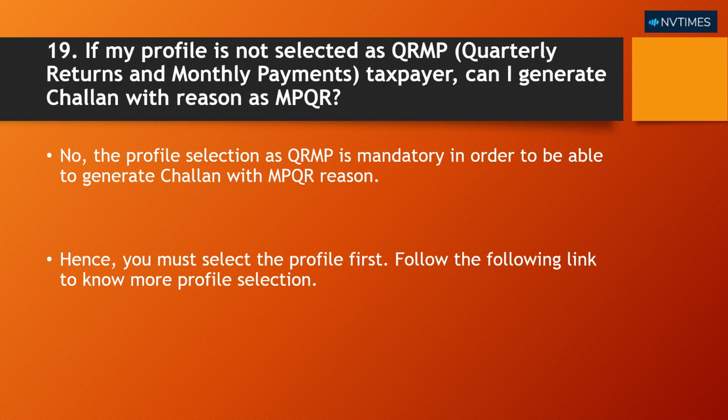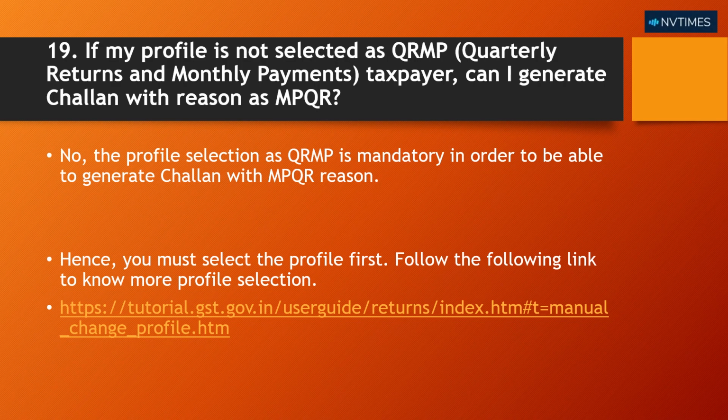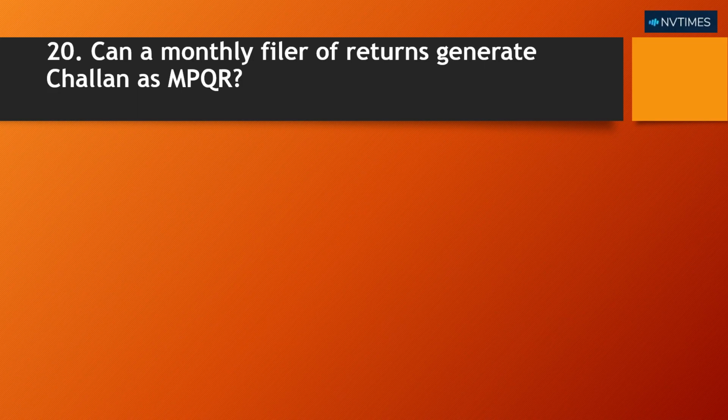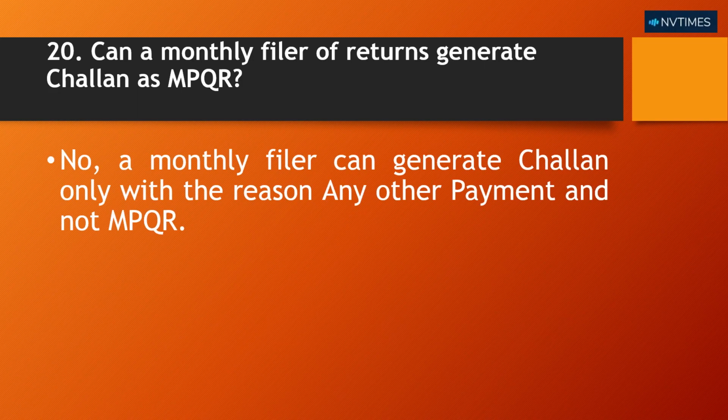Follow the link to know more about profile selection. Can a monthly filer of returns generate a challan as MPQR? No, a monthly filer can generate a challan only with the reason Any Other Payment and not MPQR.